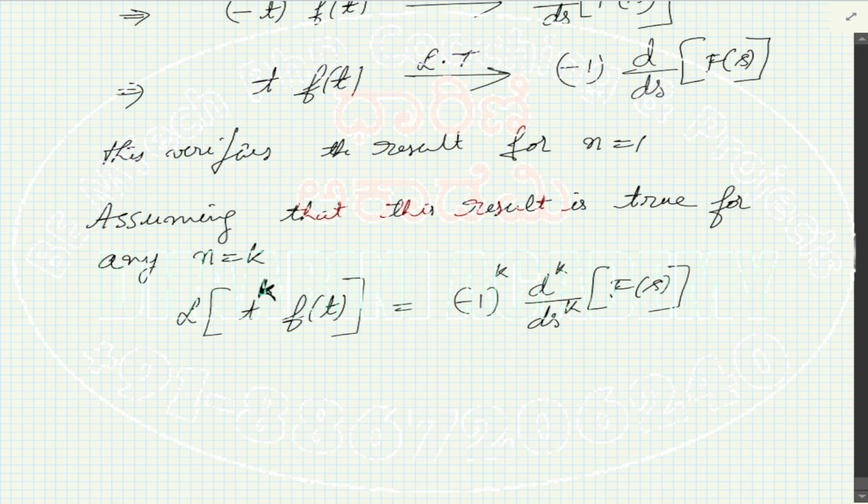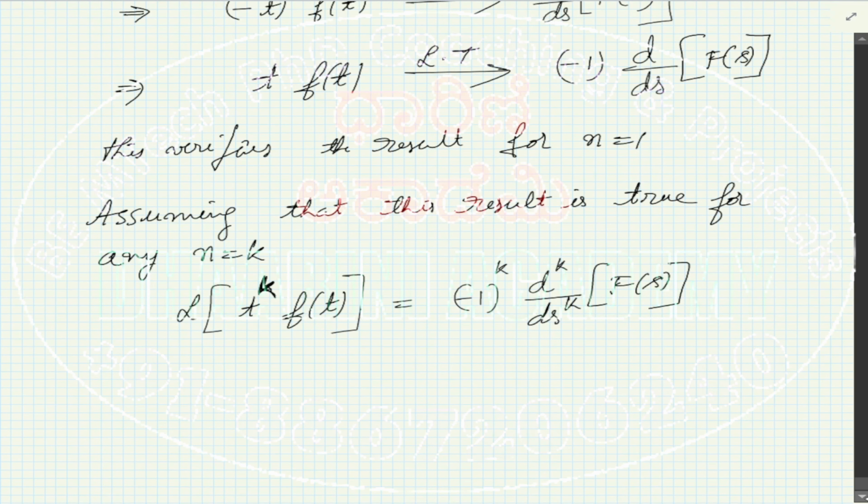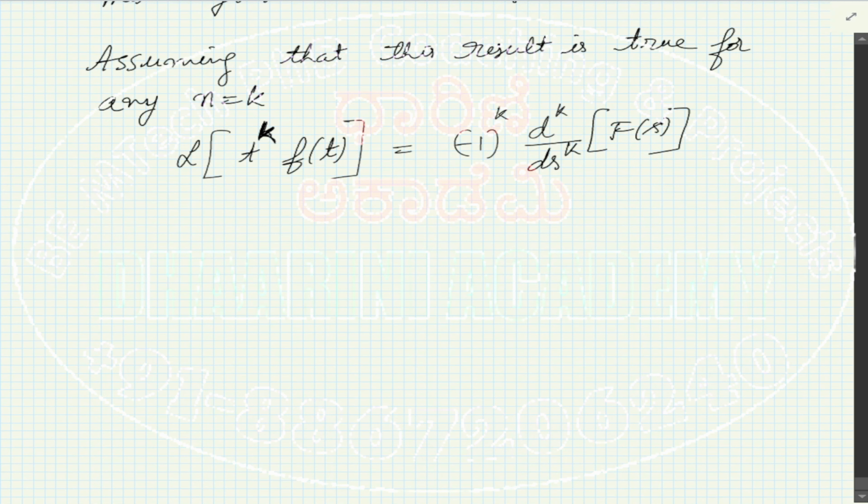We assume like this, right? Now this whole equation is true for any value of n, right? We have to make sure that the given equation is true for any value k plus 1.